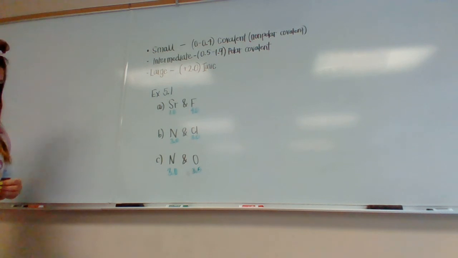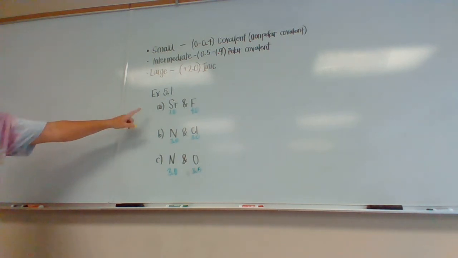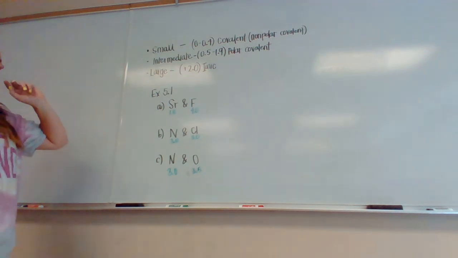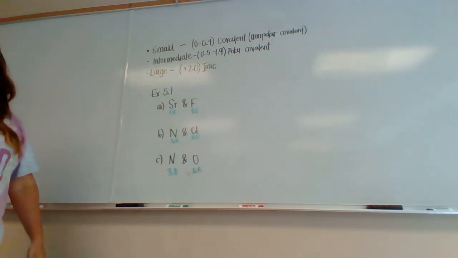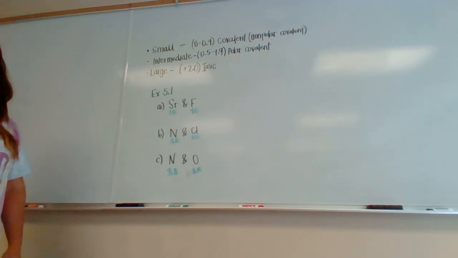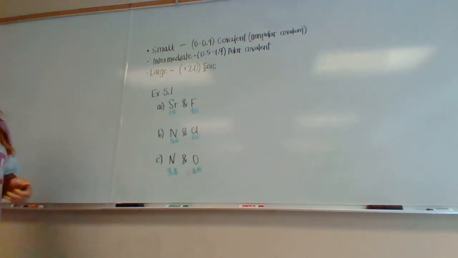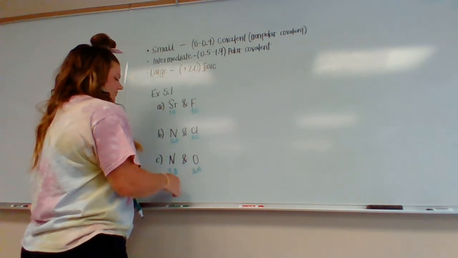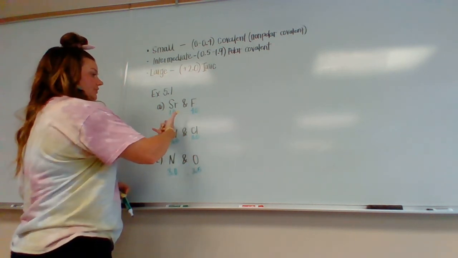Alright, I went through and wrote in green both elements' electronegativity values. That is not the charge. You said I got 3.4 for oxygen. Did you say 3.5? So all of these are pretty easy to just look at and do.